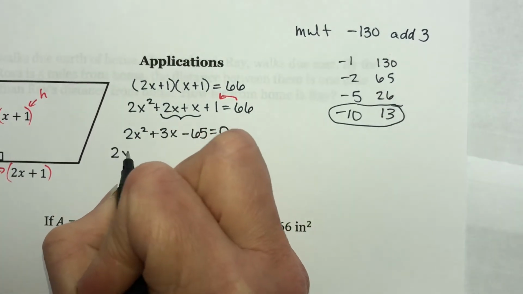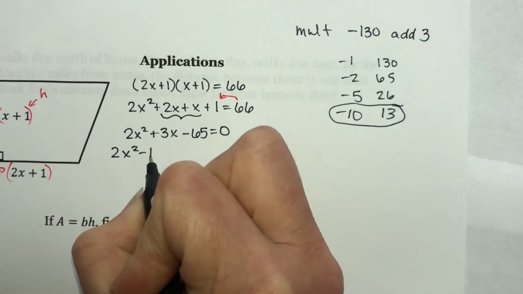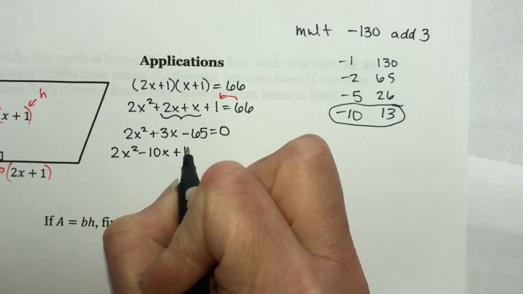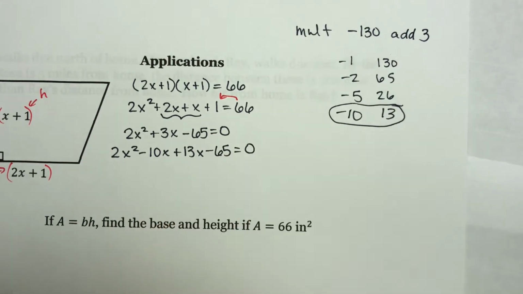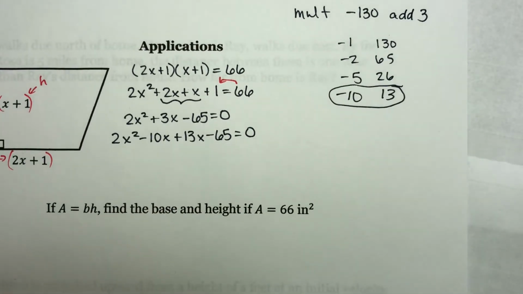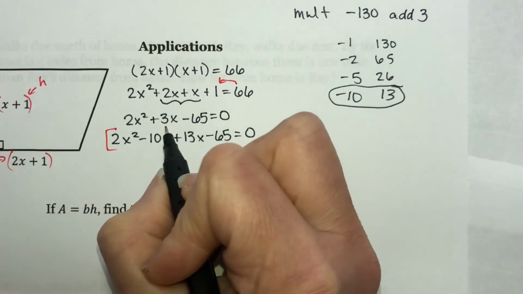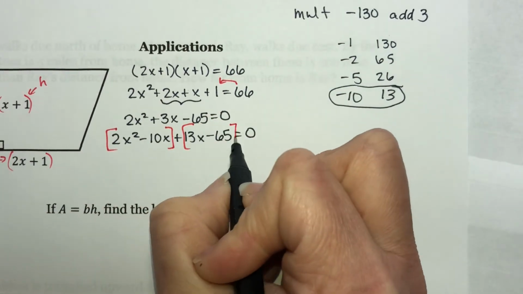So I rewrite as 2x squared minus 10x plus 13x minus 65 is equal to 0. Now group here and here.